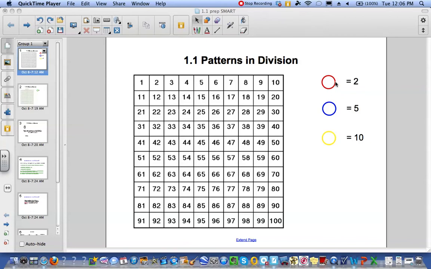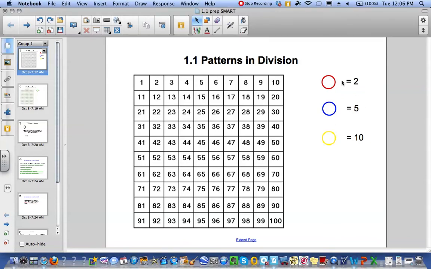We'll start with 2's. So 2 is obviously divisible by 2, as is 4 and 6 and 8 and 10.